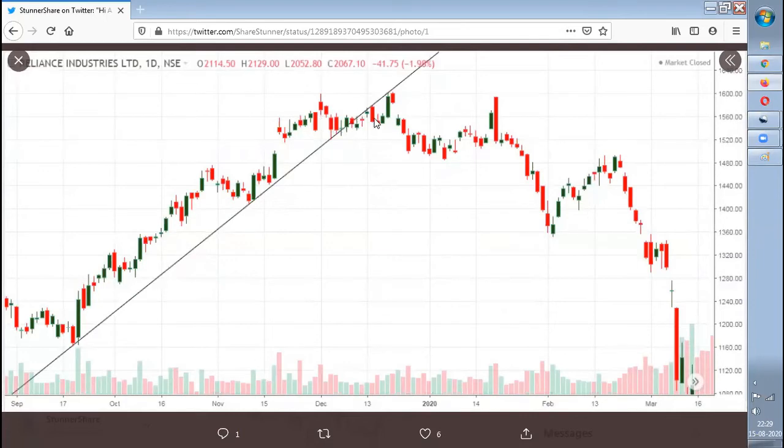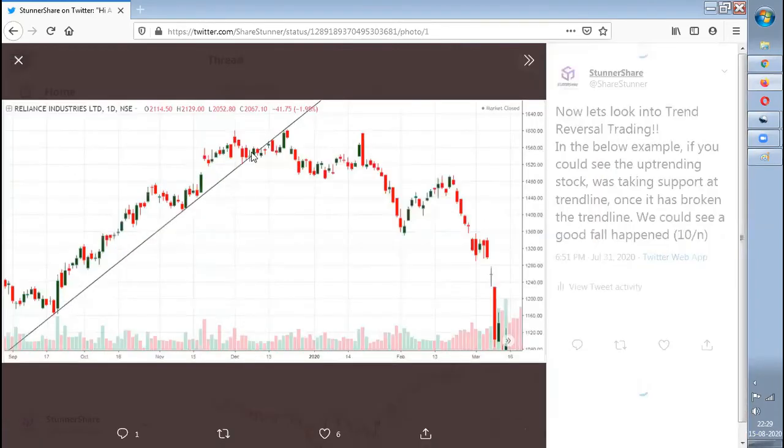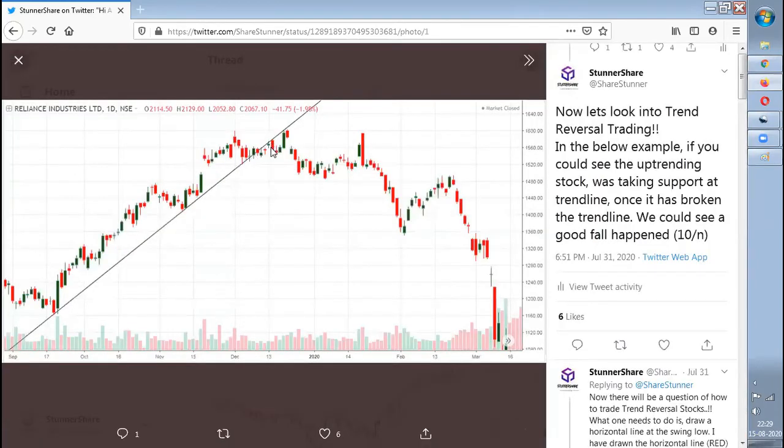The candles were roaming around the trend line for some time, and then the candle gave a break below the trend line. So in this example, the uptrending or bullish trending stock was taking support at the trend line, and over a period of time, the support trend line got broken, and we could see how much fall it has given.